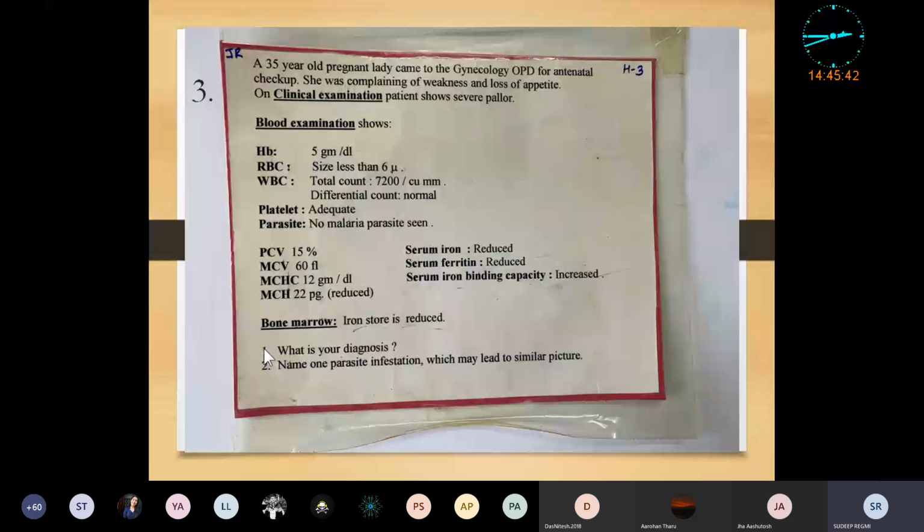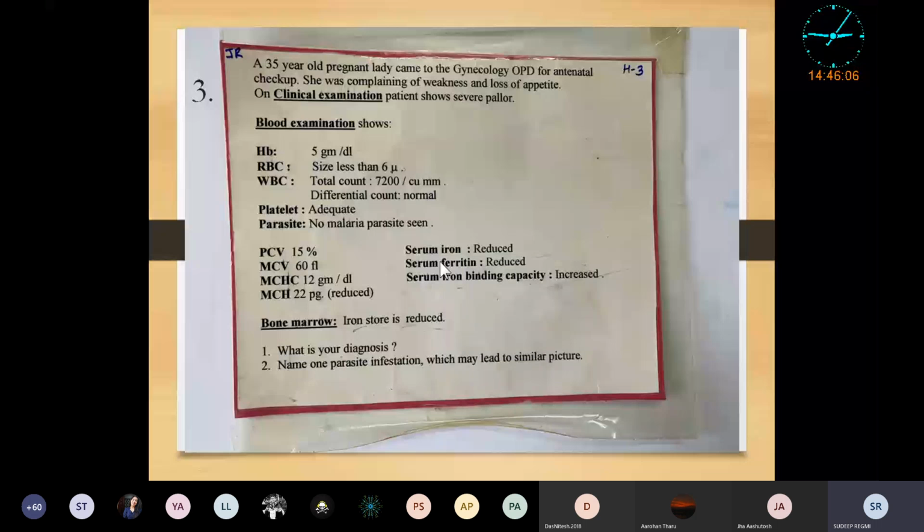But here all the iron profile is given with serum iron and serum ferritin which are reduced, and there is increase in serum total iron binding capacity. So definitely this is an iron deficiency anemia. If this is not given, then you can say it is a microcytic hypochromic anemia.